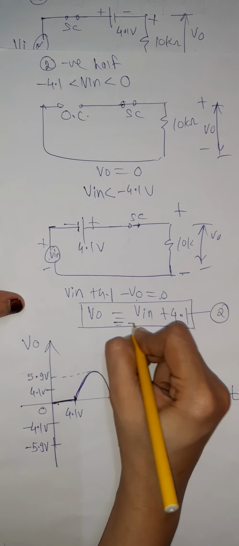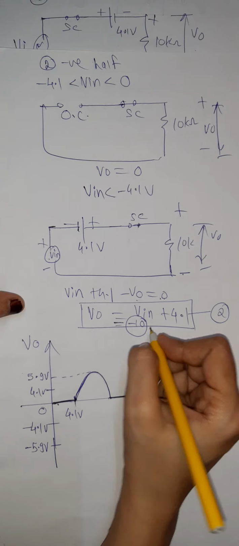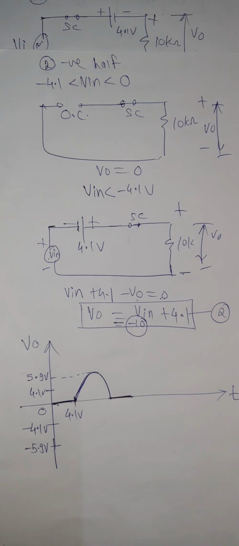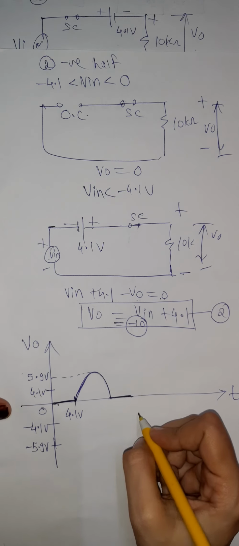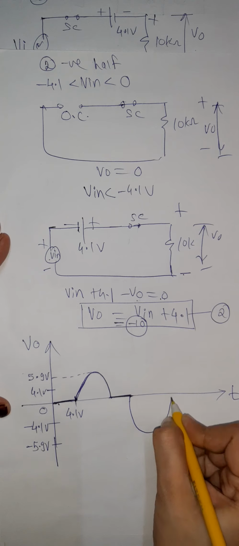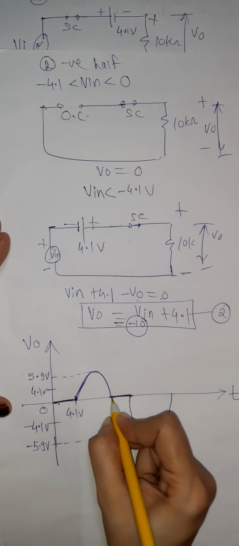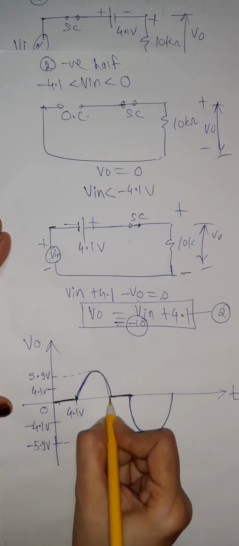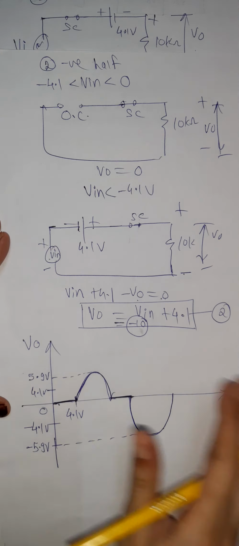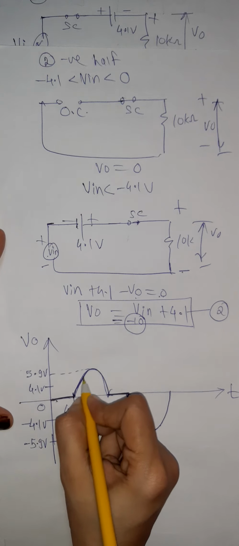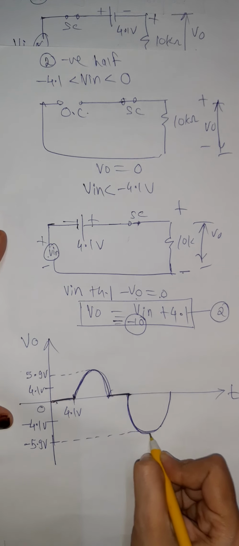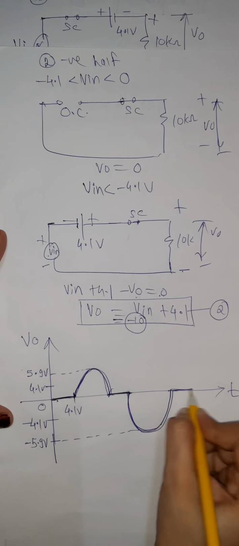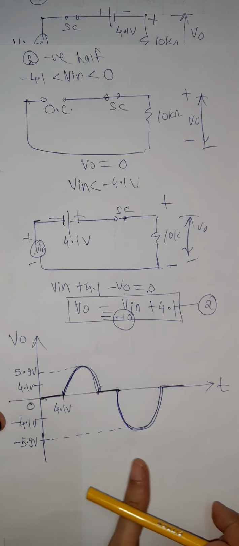But here V in is minus 10 because we are analyzing the negative half cycle. So minus 10 plus 4.1 is minus 5.9 volts. So it will be like this. Our waveform of the output will be like this and it will be repeating. So this is the final answer.